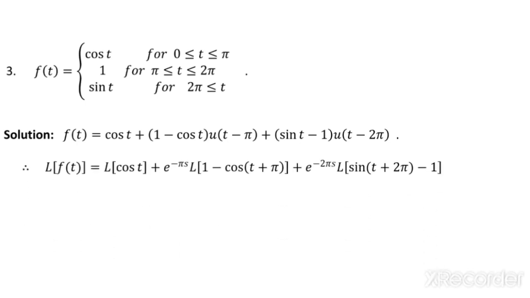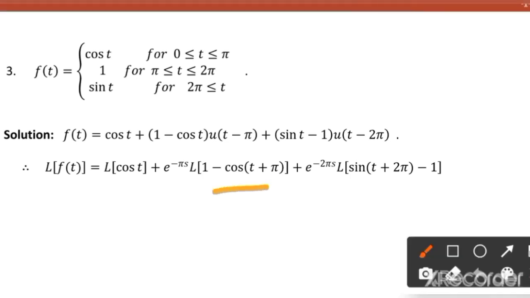Take the Laplace transform on both sides, L of cos t plus e power minus pi s into Laplace transform, don't take 1 minus cos t as it is, replace t by t plus pi, so that's why it is cos of t plus pi. Simplify that, it gives a minus cos t, so minus of minus plus cos t.